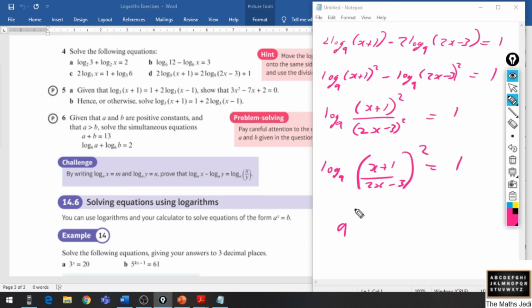So 9 to the power of 1 equals (x plus 1) over (2x minus 3), and that's all squared. We can square root both sides, so the square root of 9 is 3. And then I can multiply at the bottom here, so 3 lots of 2x minus 3.